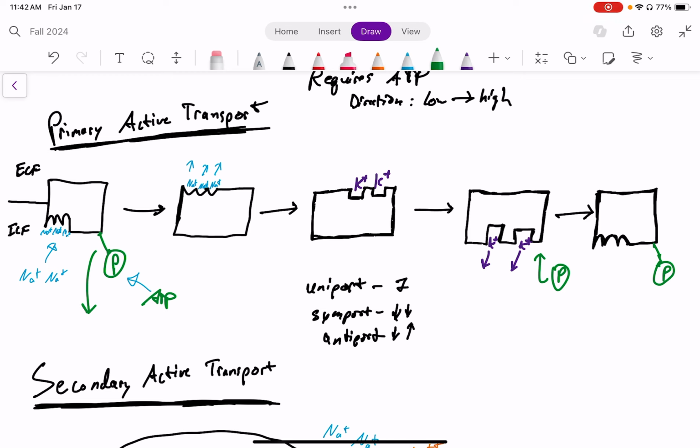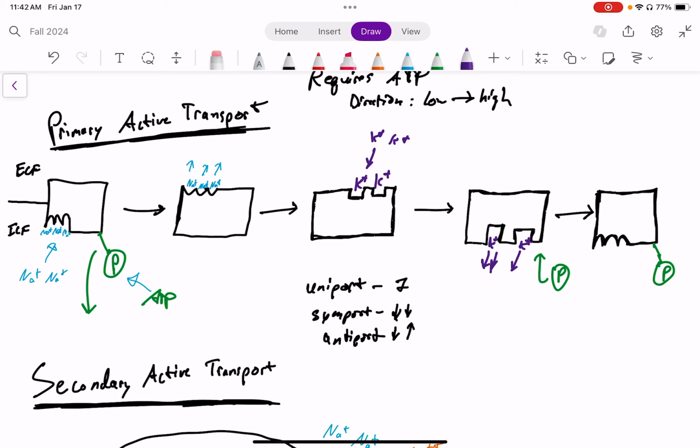Because the sodium leaves, that causes another change where it allows it to accept potassium, and so two potassium attach on the outside, and then that causes another conformational change, which causes the protein to dump these potassiums into the cell, and then a phosphate group comes back on from ATP in order to start this process all over.